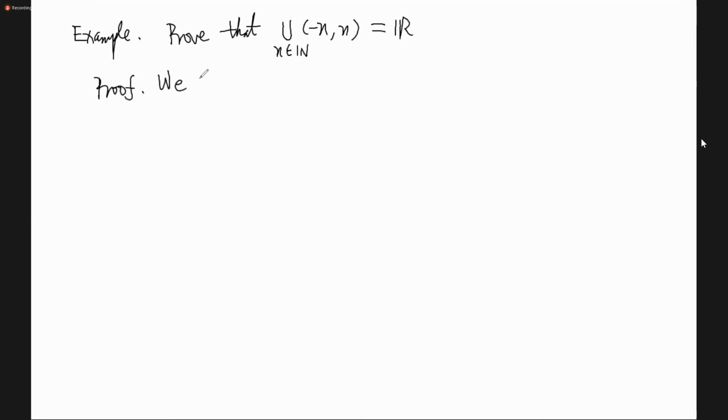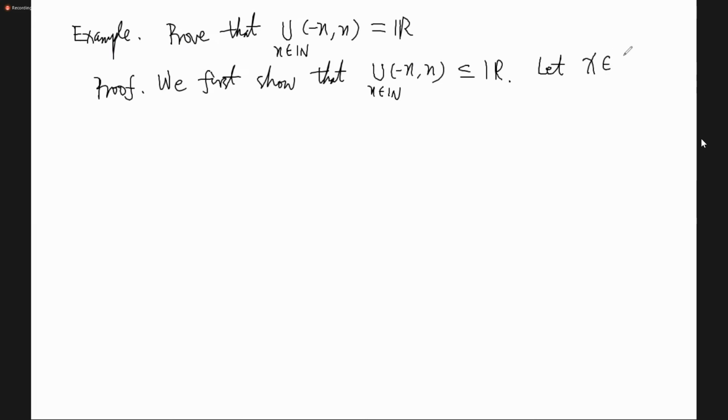We first show that the left-hand side is contained in the right-hand side. To prove this, we'll take an arbitrary element. Say, let x be in the left-hand side, in the union.